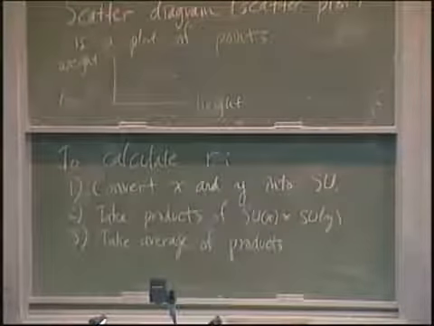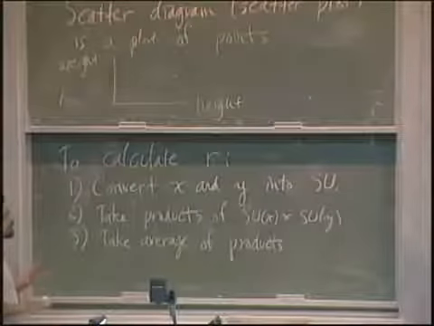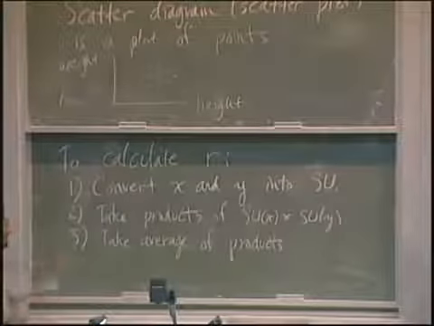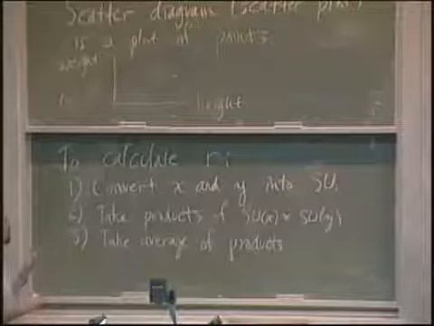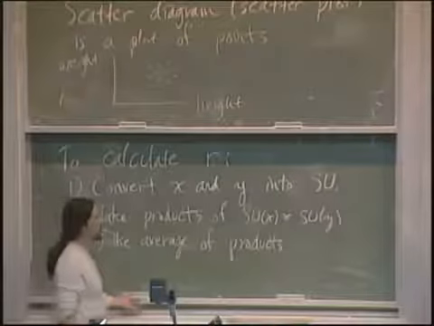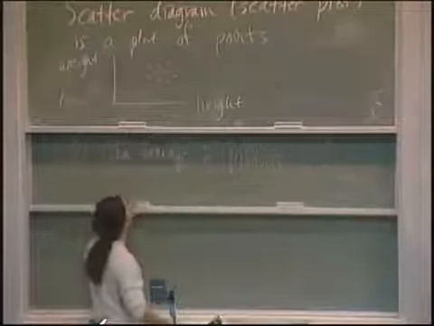All right, so it might not be obvious that that should give you anything useful or that it should measure how close the points are to the line or anything like that. Let's do a calculation, and then I'll talk about why that calculation makes some sense.